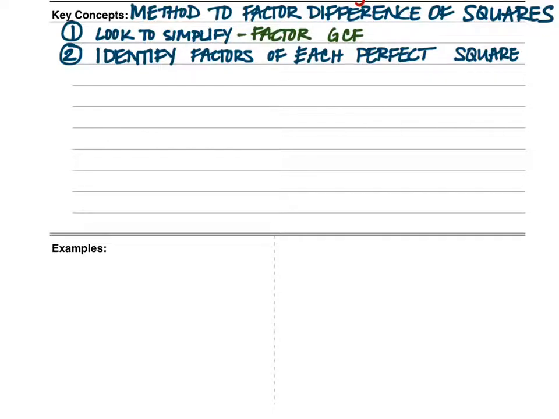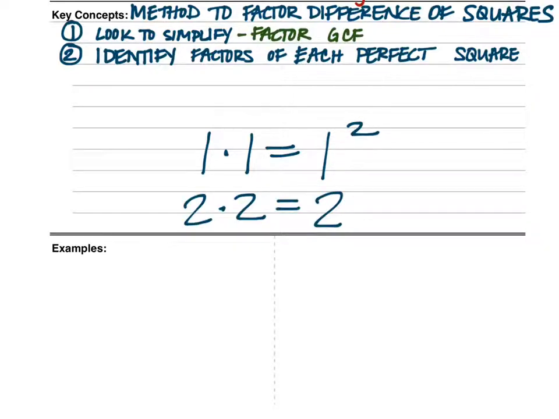If I have 1 times 1, this is a perfect square of 1 squared. Now 2 times 2 is an example of a perfect square, 2 squared, which is the same thing as 4. Here this is the same thing as 1.